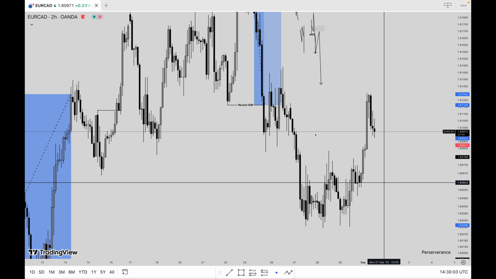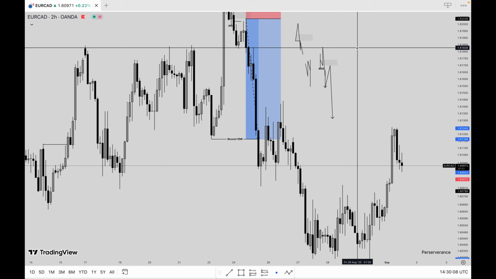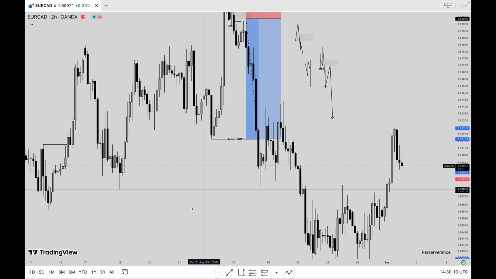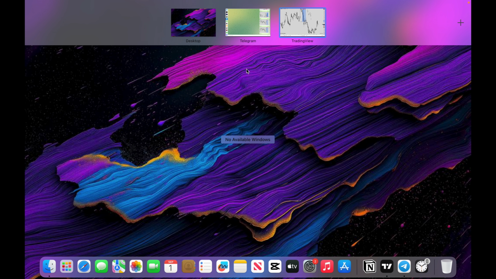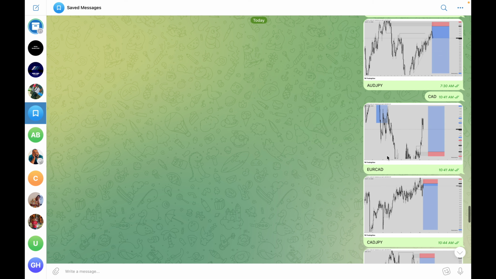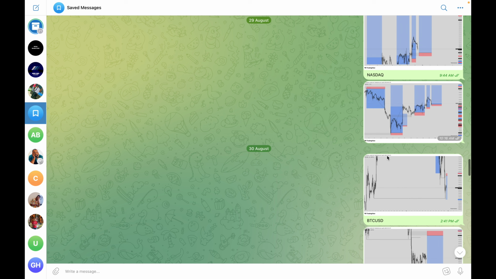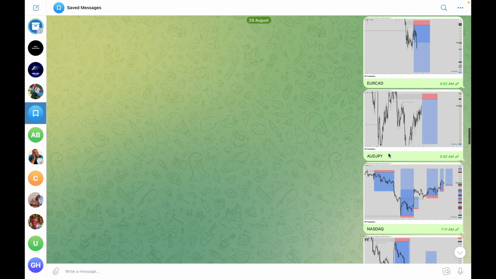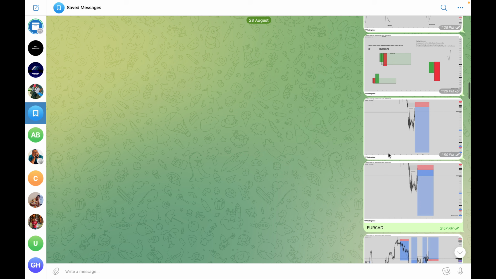Okay, so this is the trade for EURCAD. Let me show you the one for the EURCAD. I think I have it here in my group. This one will be very far because I took this trade since last week, so I'm just going to show you the before of that particular trade.